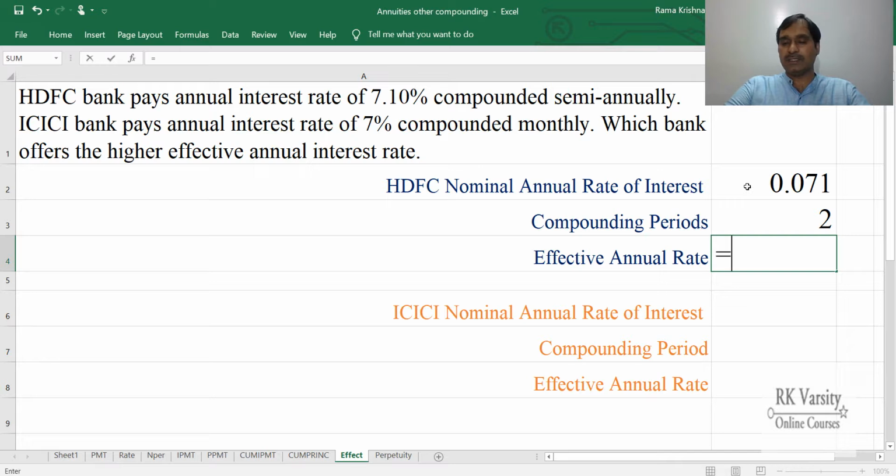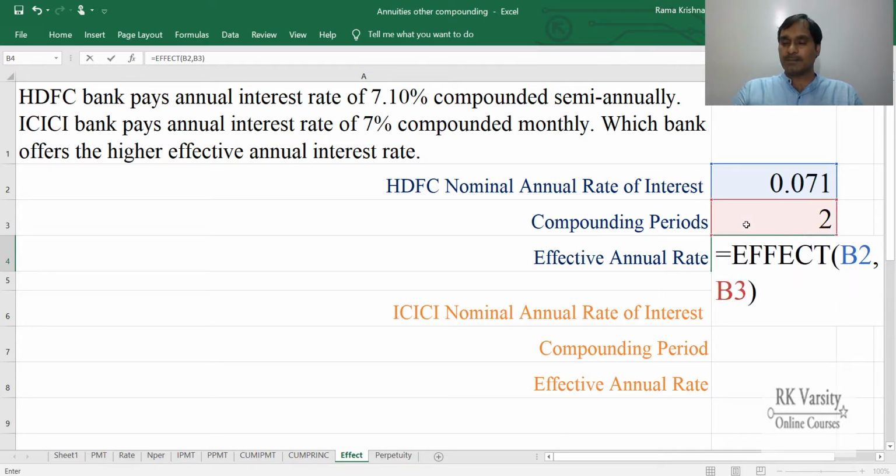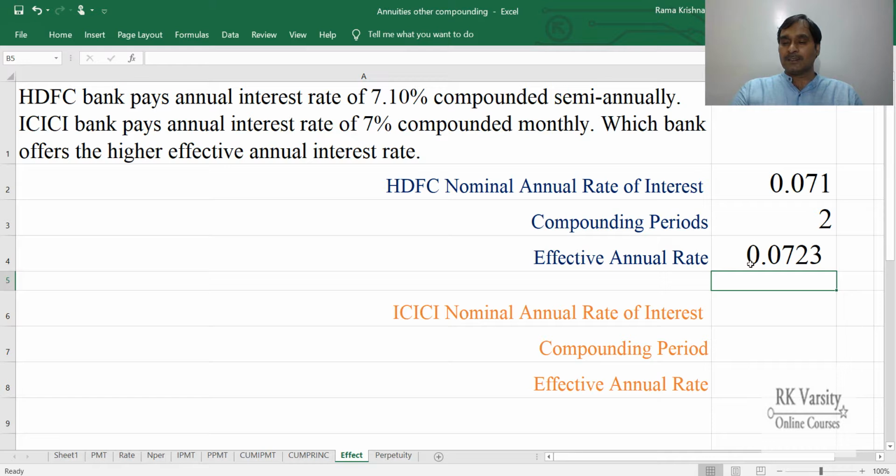So equals EFFECT, then the nominal rate, that is the annual payment rate, comma, your number of periods, that is the number of compounding periods. Select this one, close the bracket, press enter key. So the annual effective rate is 0.0723, which is higher than your nominal rate.